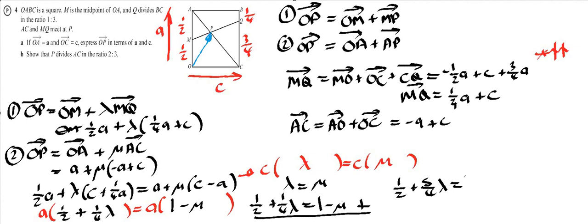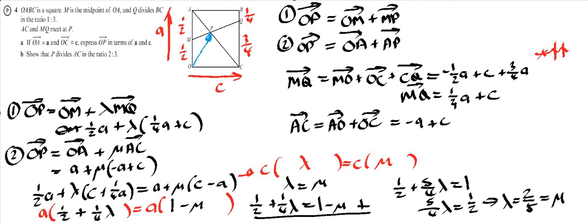I've got 1, and mu plus negative mu cancel each other out. Let's take away a half from each side. 5/4 of lambda is a half, so therefore lambda equals 2 over 5. And remember I said our other equation was that lambda equals mu, so mu equals 2 over 5 as well.